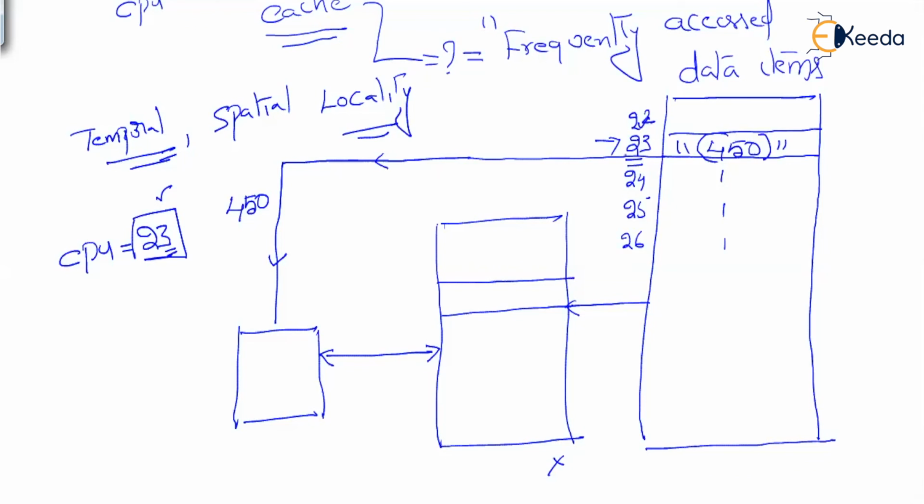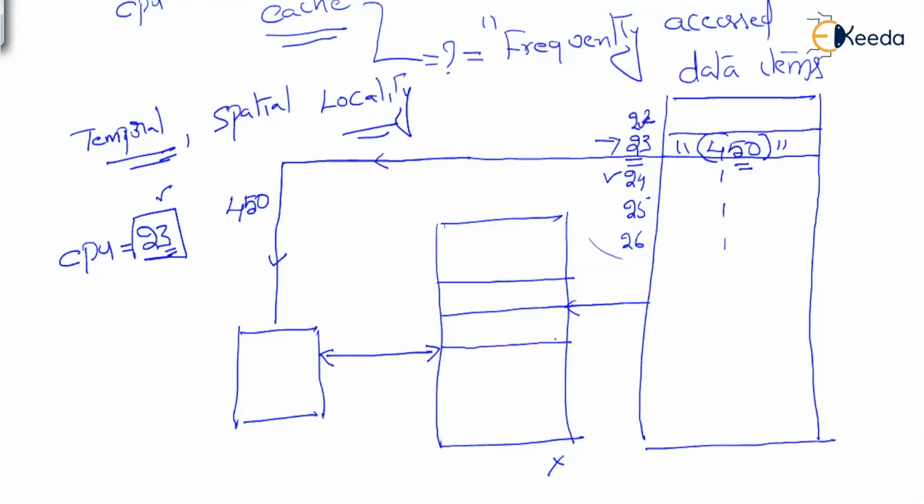Which means that in addition to the currently accessed data element, a group of data elements closer to it might also be accessed in the near future. So rather than sending a single element to the cache, we send a group of elements, that is, a block of elements to the cache. Then, if the 24th address is accessed as the next reference, it will directly be available in the cache memory.